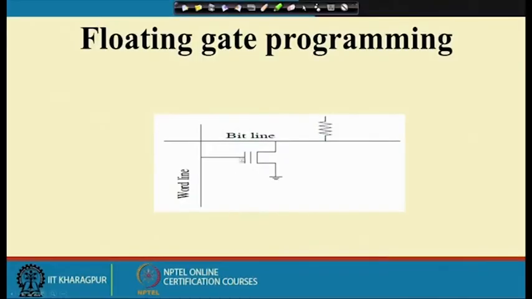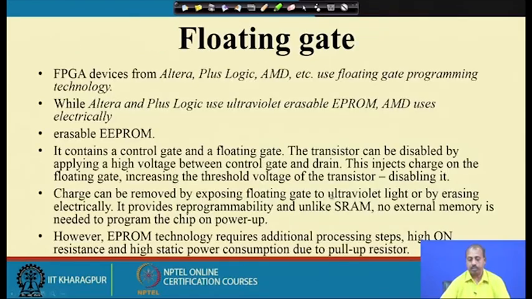So, this is the diagram. If you apply some voltage here, then this floating gate appears. As a result, the threshold voltage of this transistor goes up, so the transistor becomes normally off. Whereas, if this is not there, then the threshold voltage is low, and then this transistor is on.